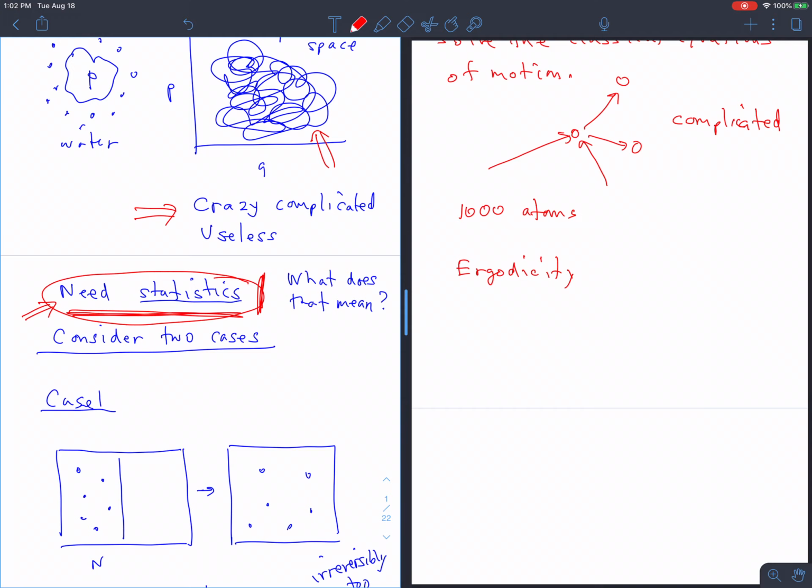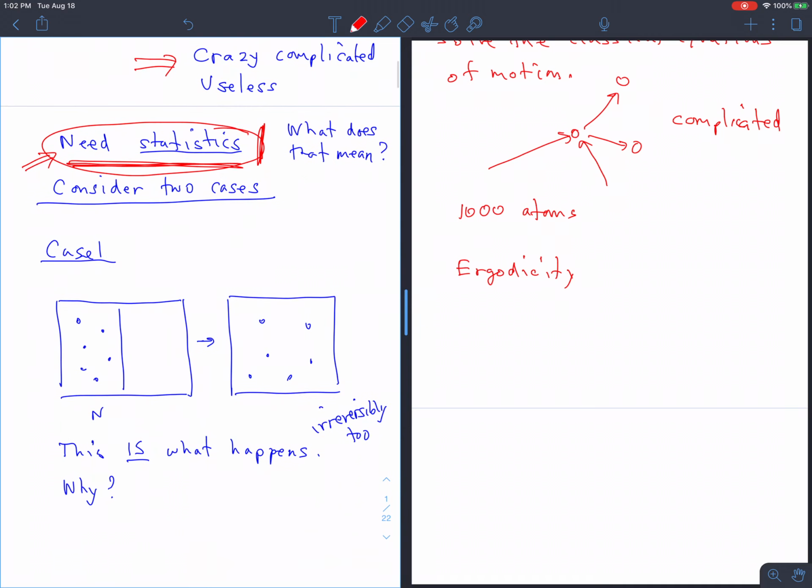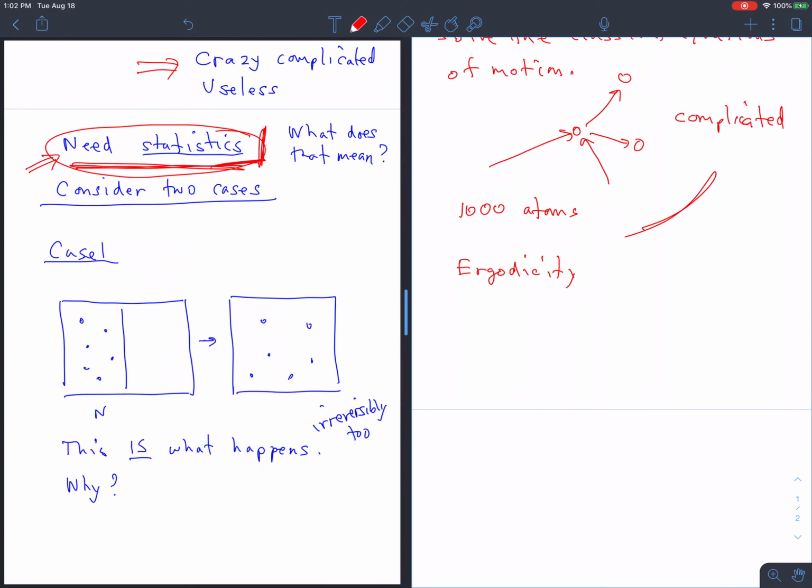What does that mean, and what are the principles behind it, and how can we get a handle on what statistical behavior is like as opposed to the details of solving the classical equations of motion, or maybe even the quantum mechanics of a bunch of particles.